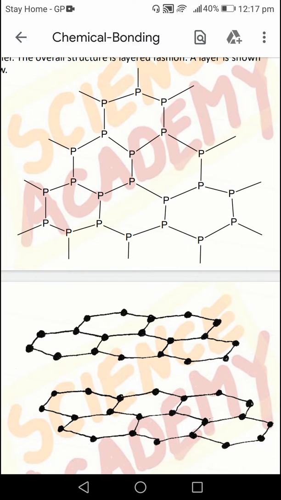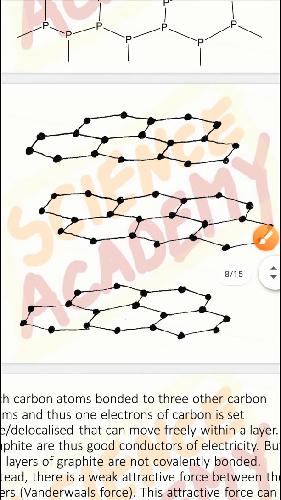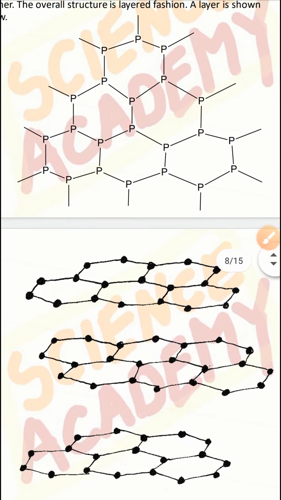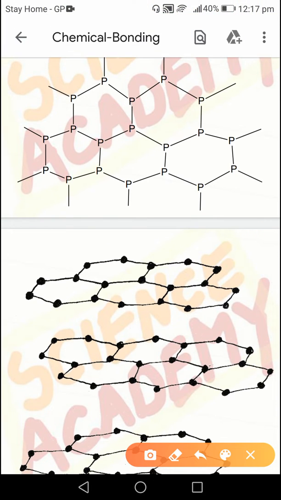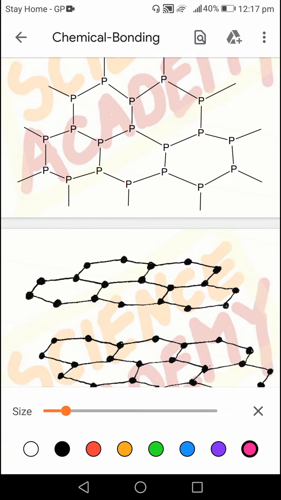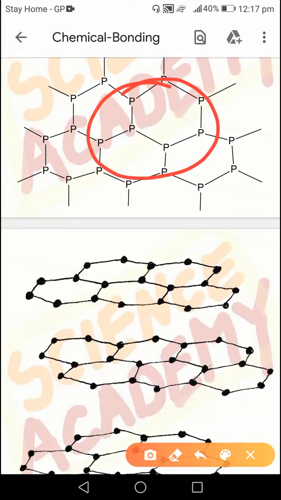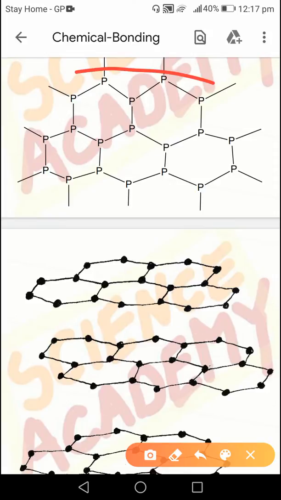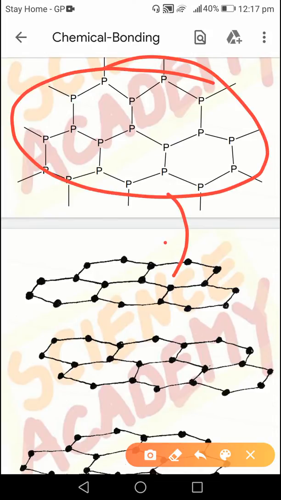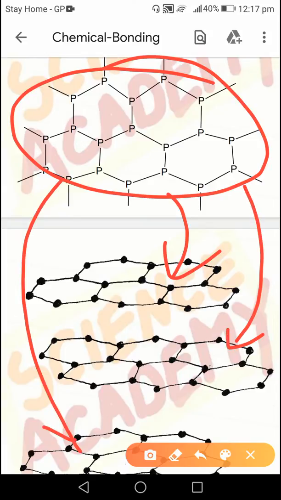Now what is the overall structure of graphite? The overall structure of graphite is like this: this is a single layer, and so many single layers are placed beside each other like this in graphite.